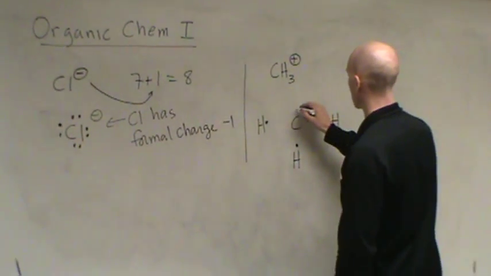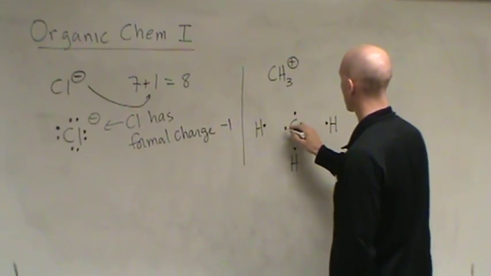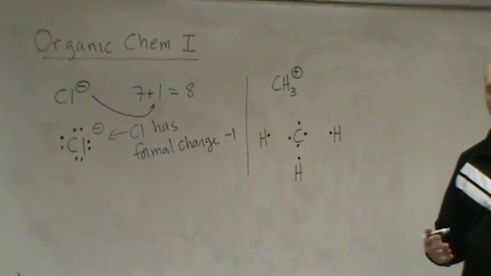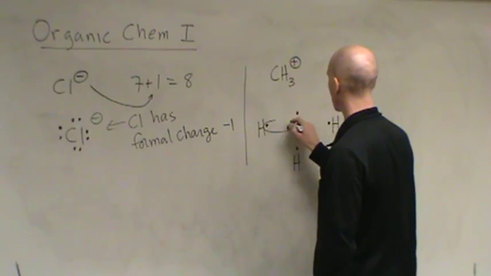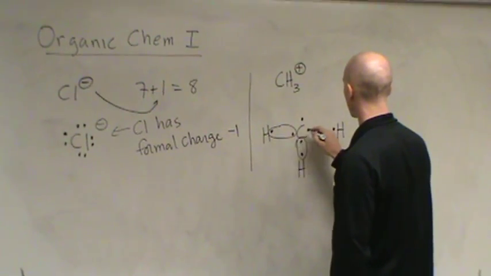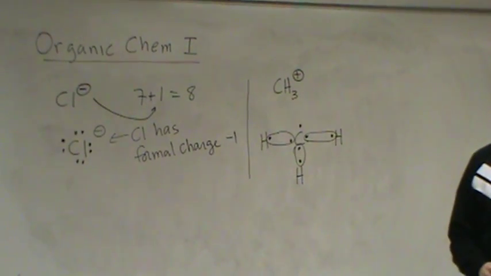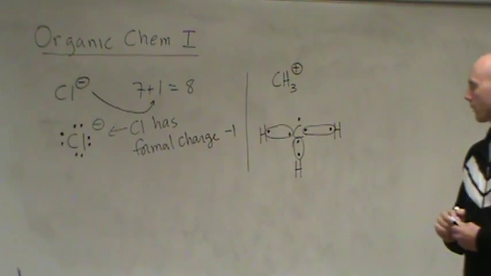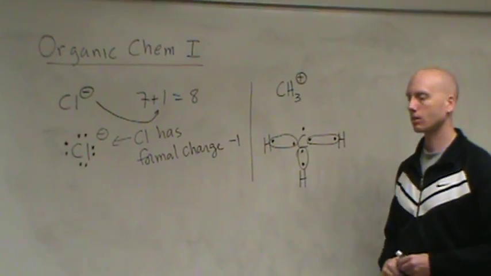Carbon has 4. And now we will pair up the singles. So I can have 3 bonds to the carbon. But now I have this leftover single. What am I going to do with it?